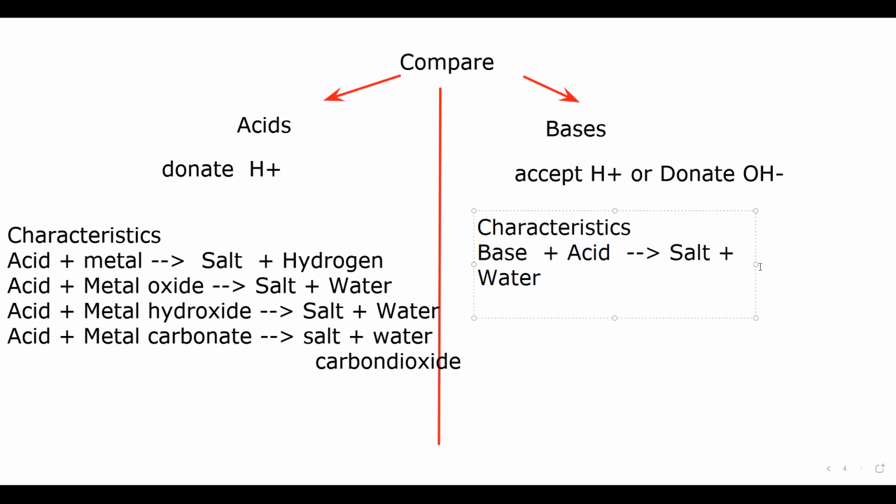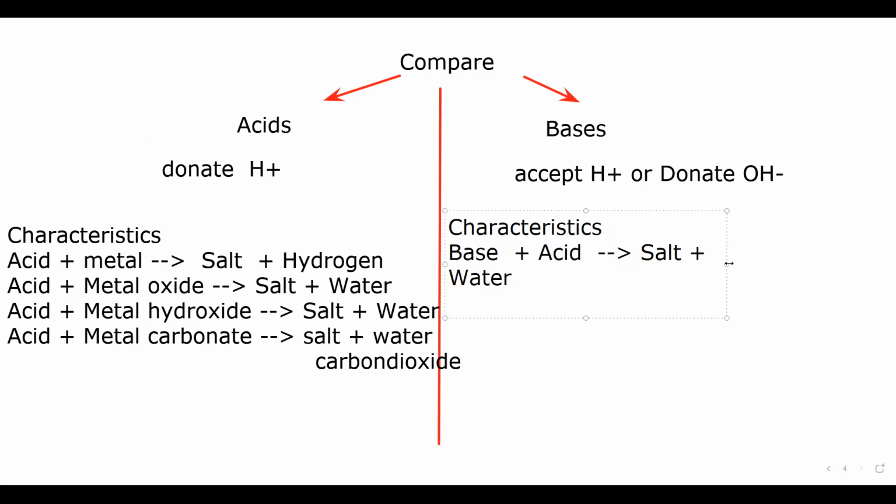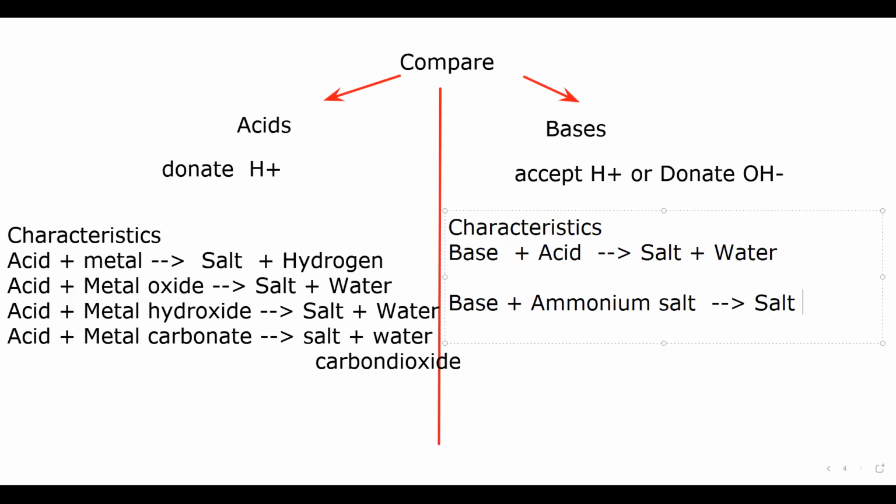And whenever a base is mixed with ammonium salt, this will result in a formation of a new salt plus ammonia plus water. So these are the characteristics which you have to learn for acid as well as base.